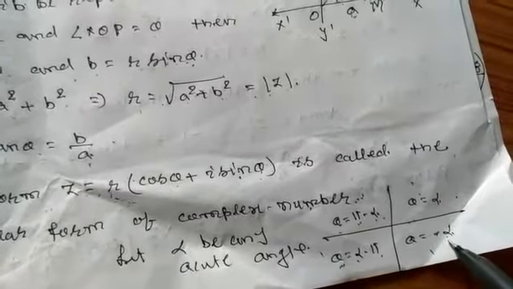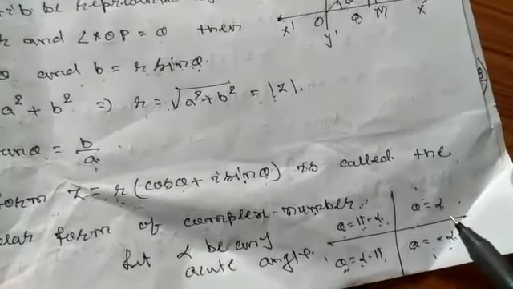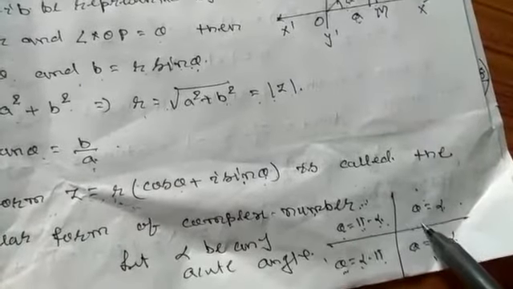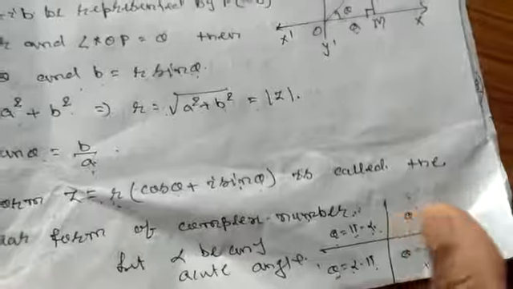And when the point lies in the fourth quadrant, theta will be equal to minus alpha. Remember, alpha is any acute angle and theta is the angle between the modulus of the complex number and the positive x-axis.